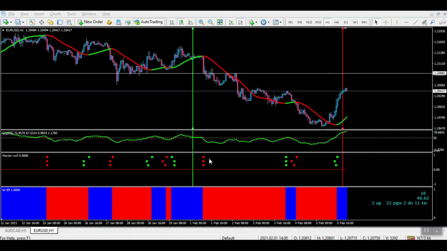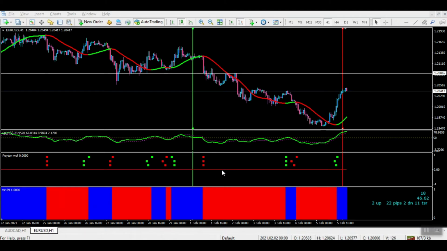What this is for, 2 reasons. First off, it will show you the signals. This top one is the TSR signals. The second one is the QQE signals. The third one is another indicator's signals.